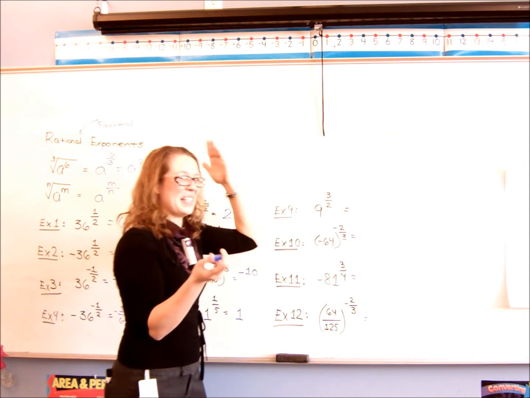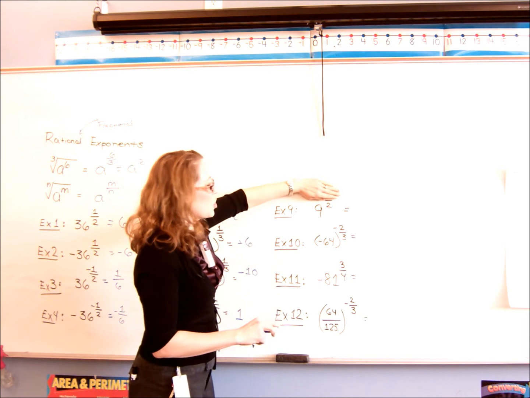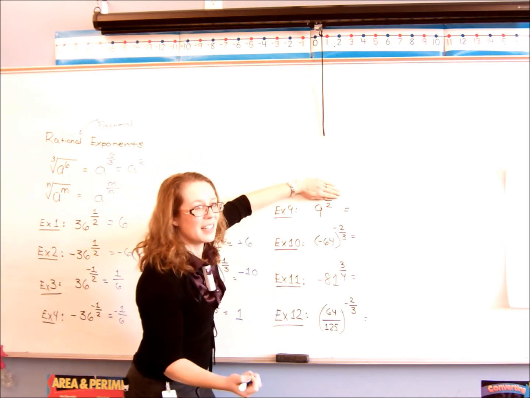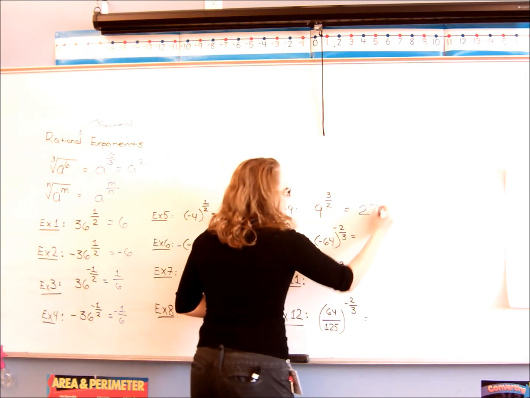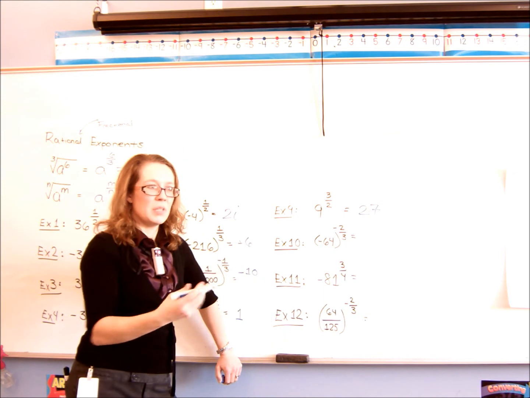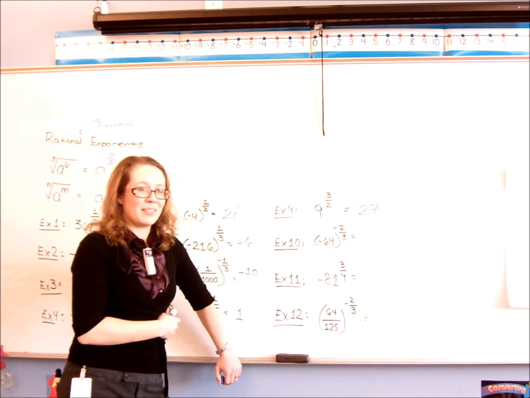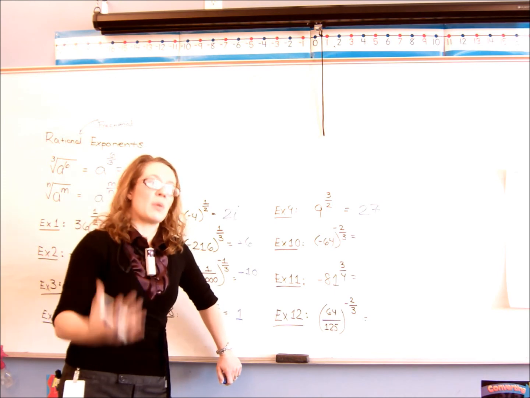I always like saying that together, cube it. Okay, here we go. Ready? Square root of 9. 3 cubed. 27. Perfect. Do you notice how I didn't even write down that middle step of 3 cubed? I don't want you to either. I want you to just be thinking about this and going there. And that's why we went through all those exponents.